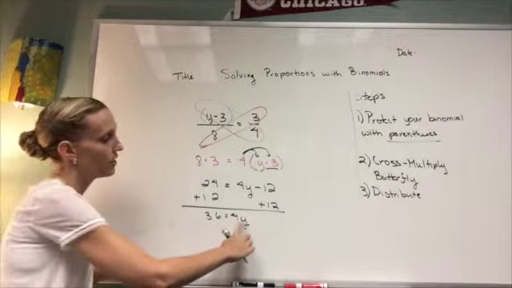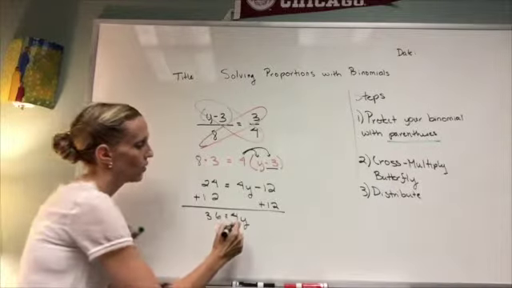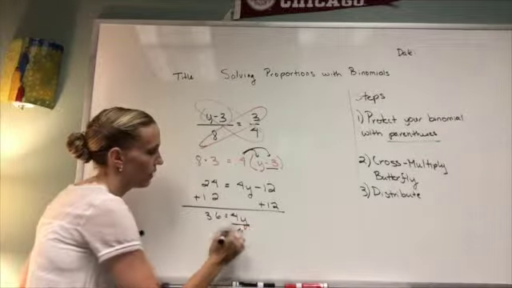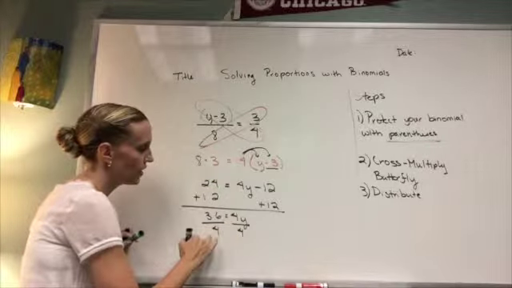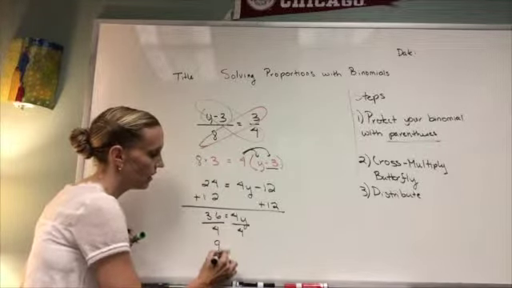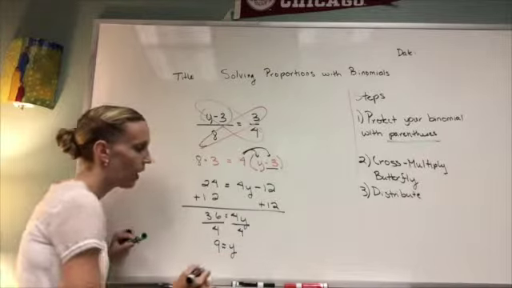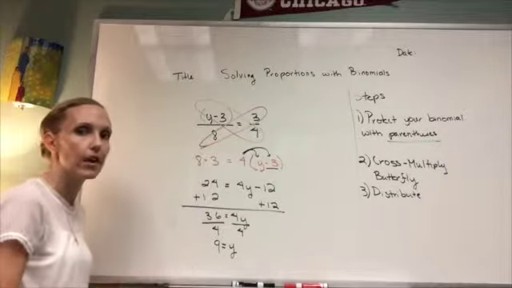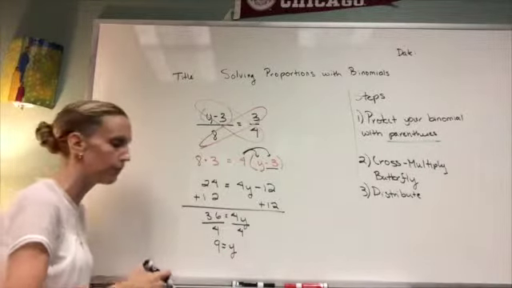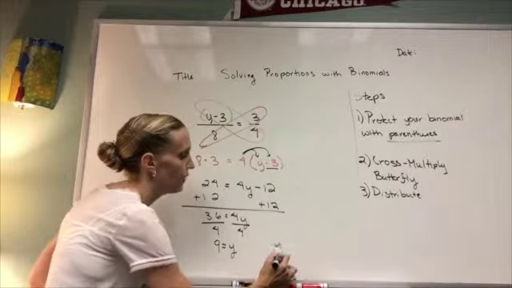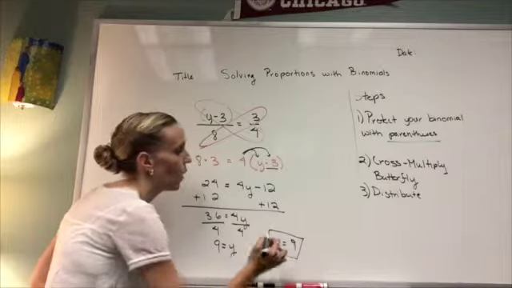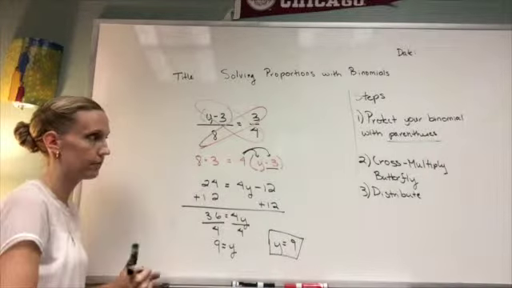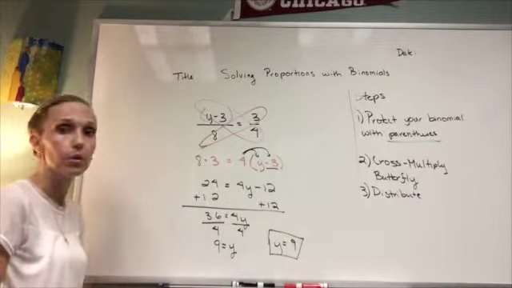Remember, it's 4 times y, so we're going to do the opposite. We divide both sides by 4. 36 divided by 4 is 9, so I get 9 equals y. But remember, we never write our answer that way. We always write it with the variable first. So your final answer is y equals 9.